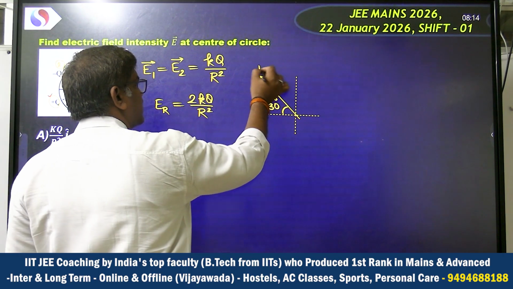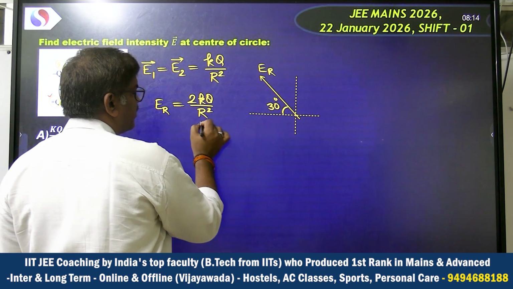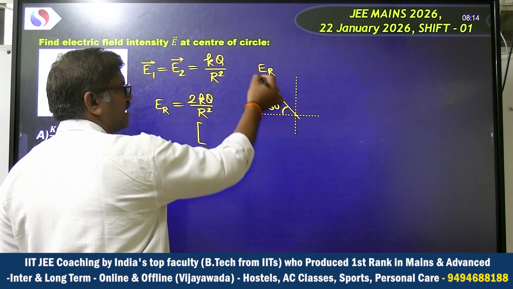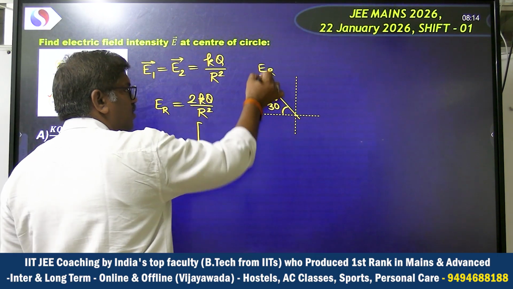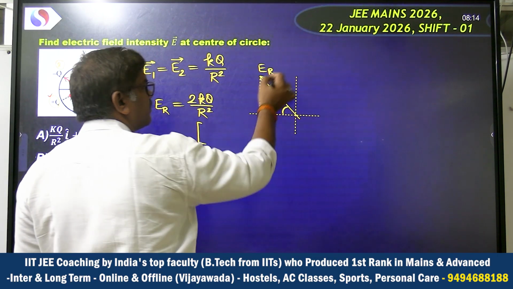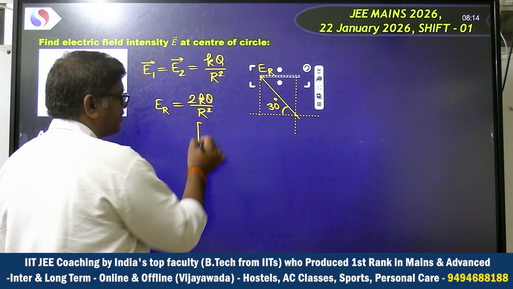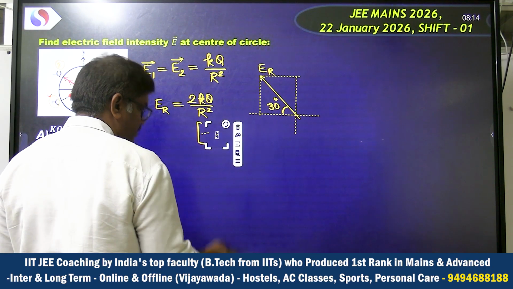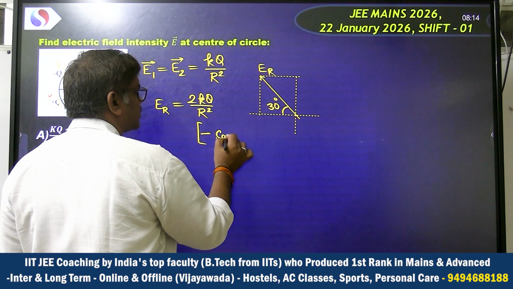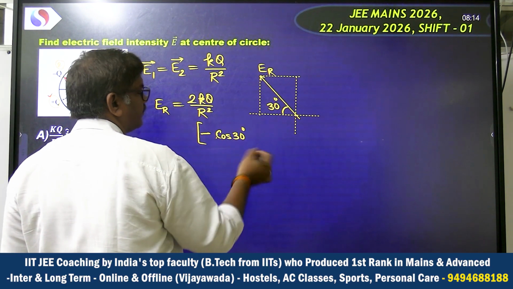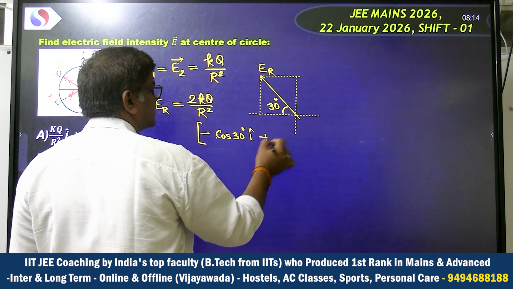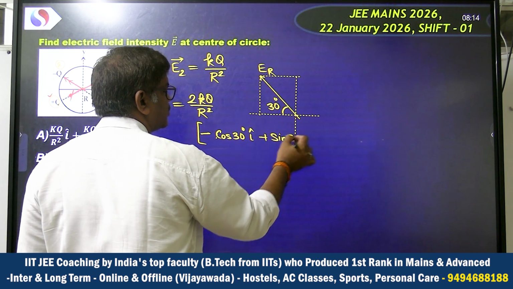Once you know this ER, how to write it in component form? With this magnitude, I have to multiply cos 30 degree minus i cap and sin 30 degree j cap. So it is minus cos 30 degree i cap plus sin 30 degree j cap.